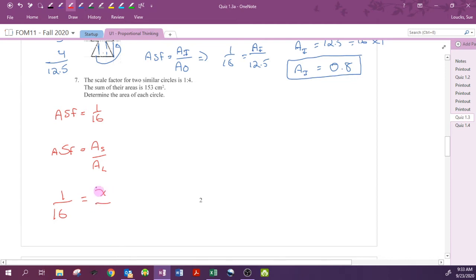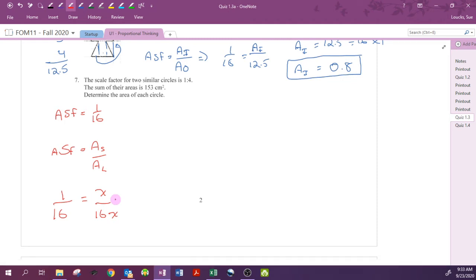And if the area of the small circle is x, what's the area of the large circle? It could be, but we actually know something about the two of them, and we know that the bigger one is going to have 16 times the area of the smaller one, so it's going to be 16 times x. Yeah, so 16x.